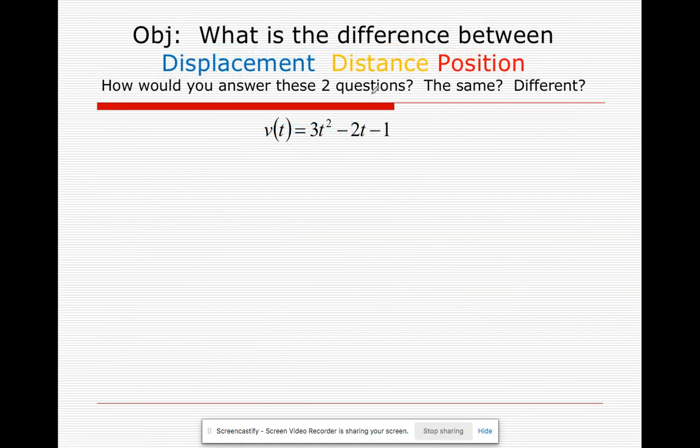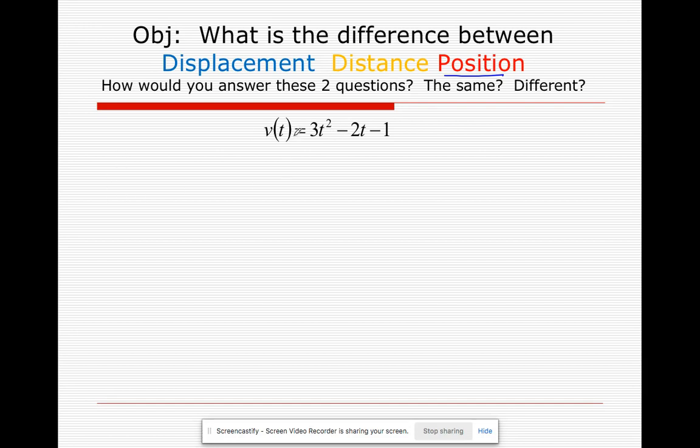Same example, but now I want to talk about position. Distance and displacement don't consider where you actually started. It's just, oh, here's where you started. So for me, I might just consider that a 0. But it doesn't have to be a 0, right?